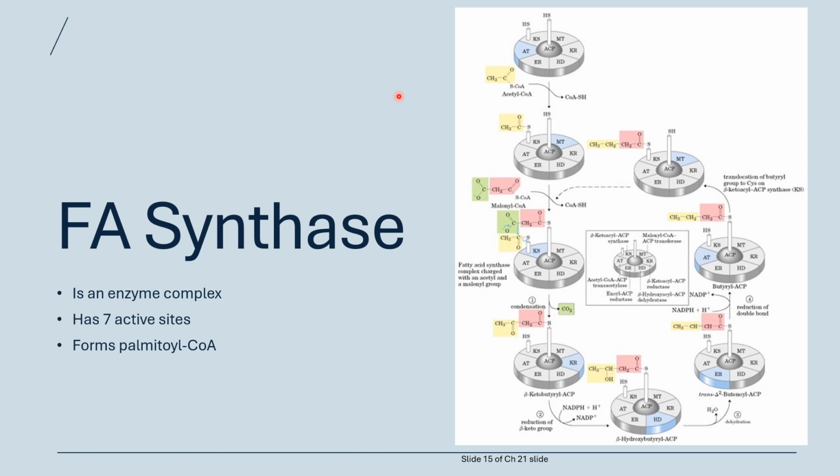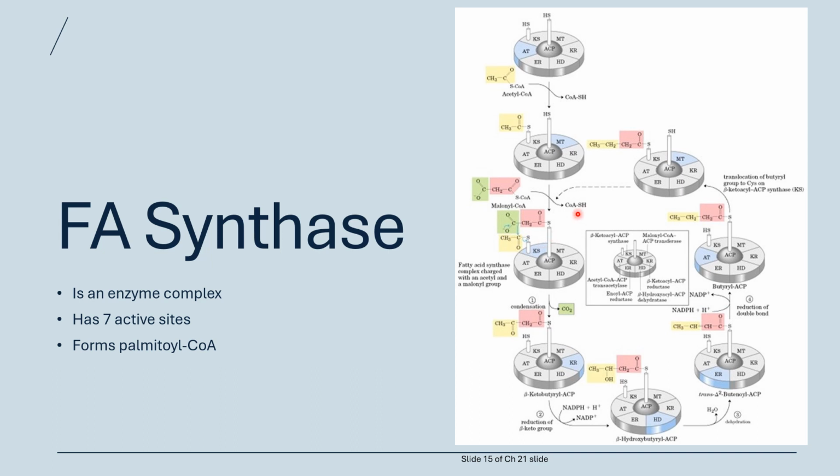And right here in this picture, which I obtained from class slides, we have acetyl-CoA. And this acetyl-CoA is going to be converted to malonyl-CoA, which is going to be actually pretty important later down in the slides that we'll get into.